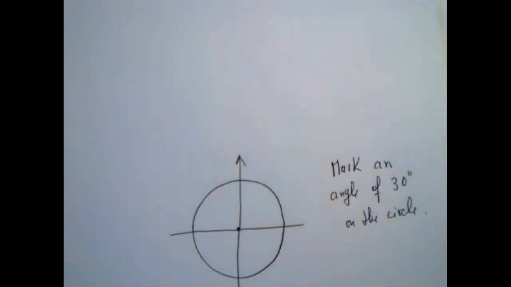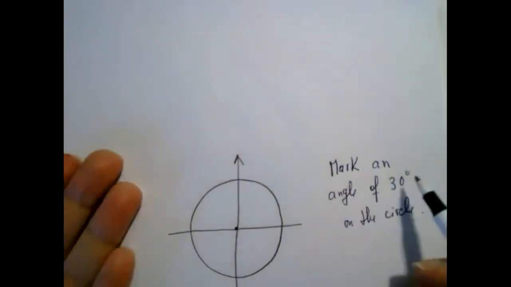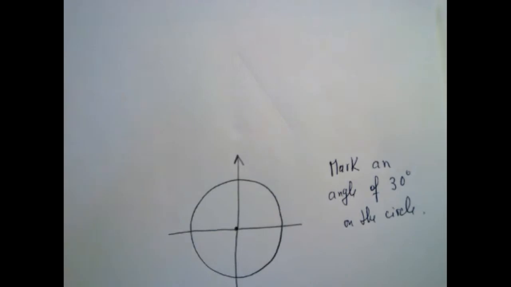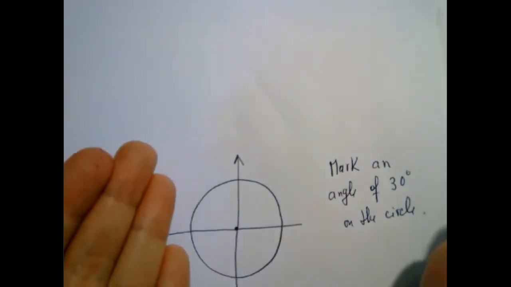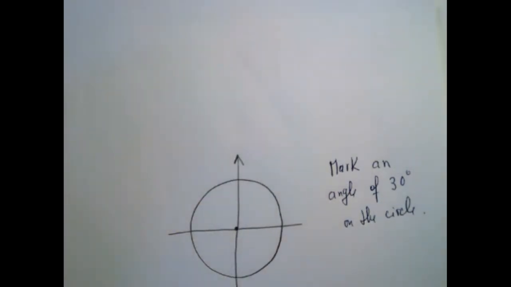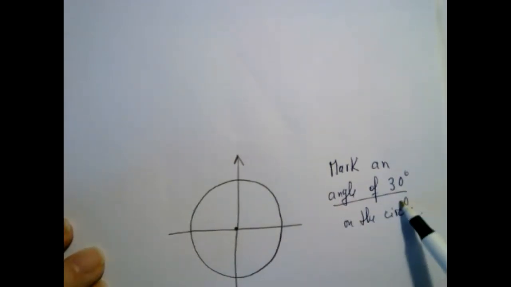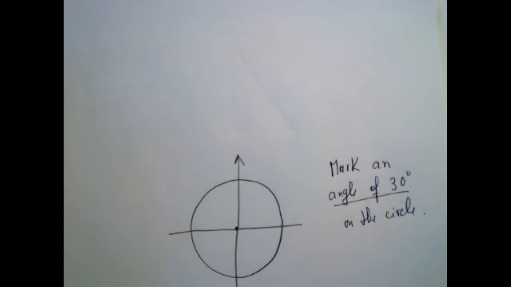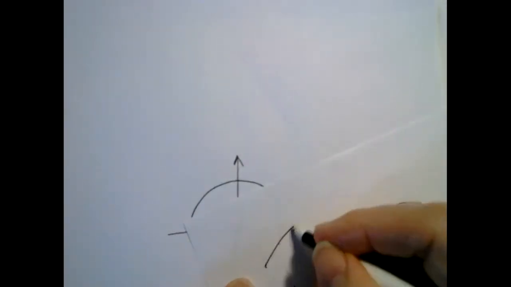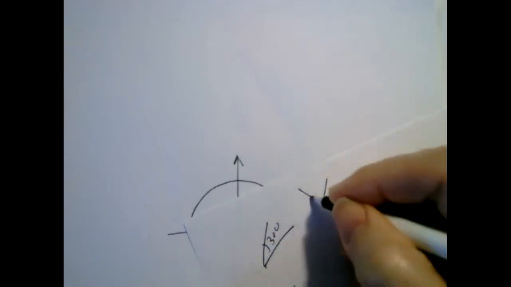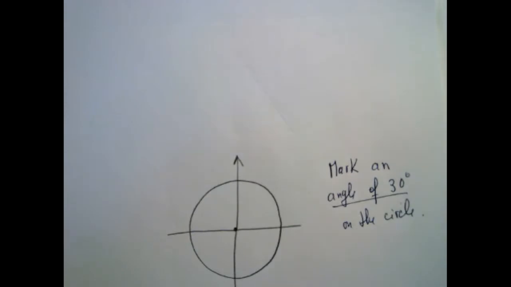What do I mean by mark an angle of 30 degrees? How are we going to draw the angle? Where do we start from? You could ask, is this an angle of 30, or is this an angle of 30? What do you mean by mark an angle of 30 on the circle?